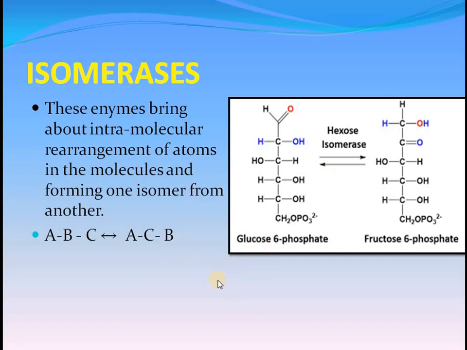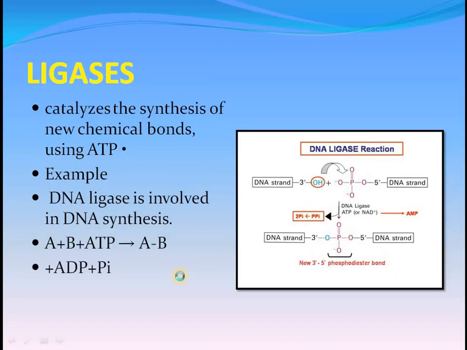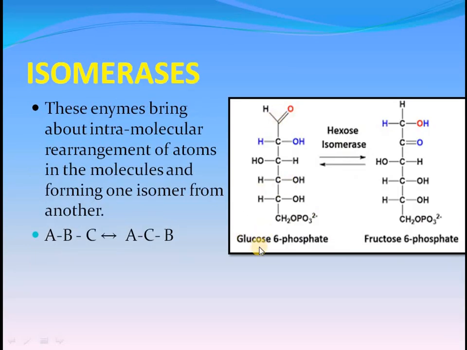As you can see, here is glucose 6-phosphate, and here is a structure formula, and it is fructose 6-phosphate. Now there is a little bit difference in their structure. There is a rearrangement of atoms.